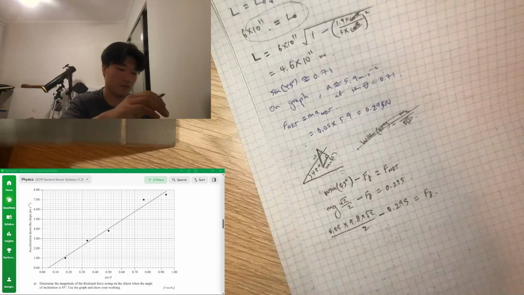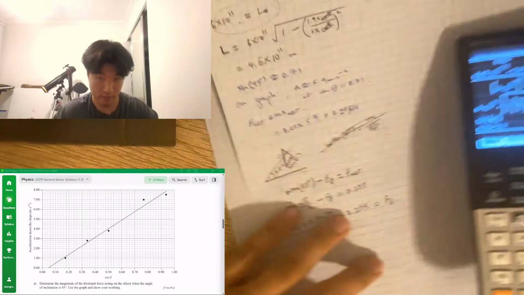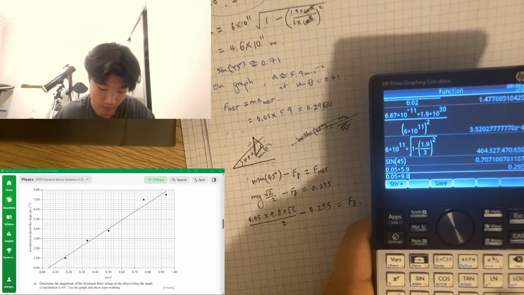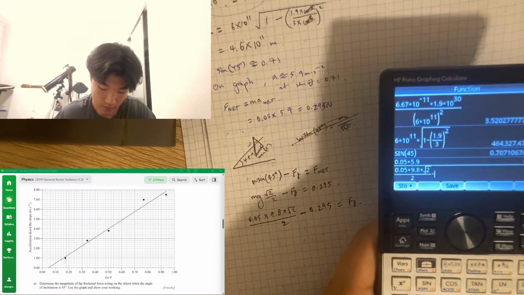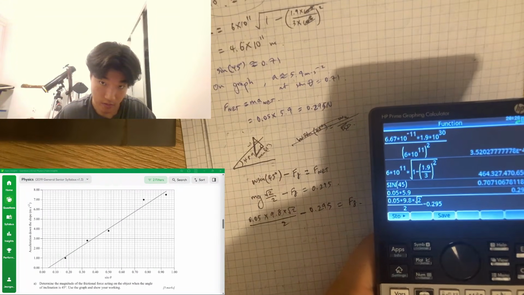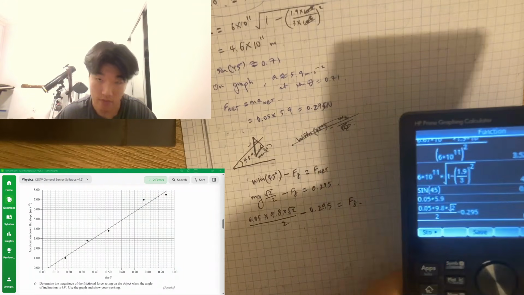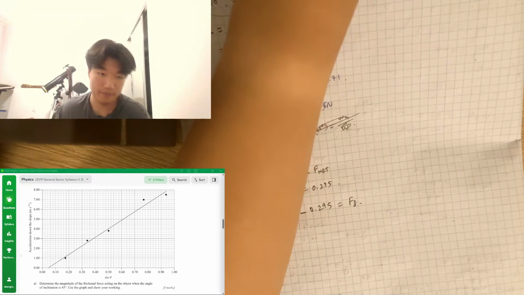Then what we do, sub those values in. 0.05 times 9.8 times square root 2, all divided by 2, and then we minus 0.295 to get a frictional force of 0.05. Okay.